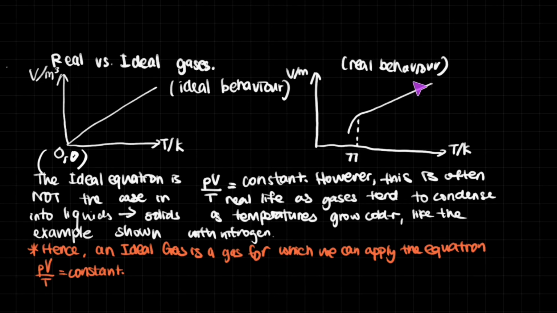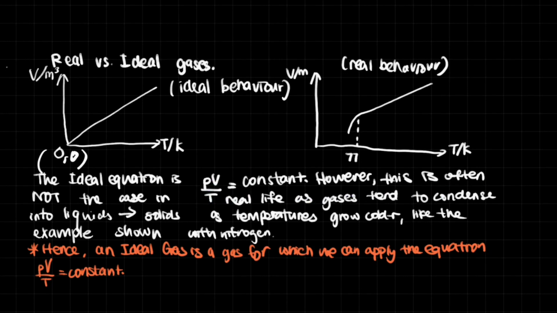So this is actually what happens in real life. Now, the ideal gas equation is that pV divided by T equals a constant. The pressure times the volume divided by the temperature is a constant. And that's what we linked together last time. We linked all three of the laws together and got this law.